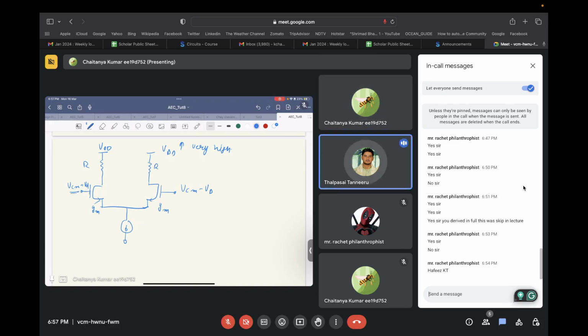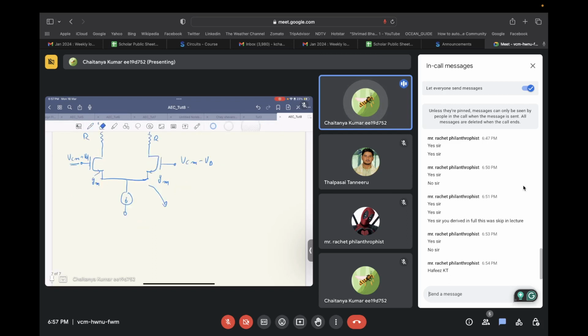Sir, based on that condition, VDS should be greater than VGS minus VT. Yeah, so basically you have two conditions, right? One, that the transistor can go into triode, the other, that the transistor can go into cutoff. For ease of analysis, I just take the differential half circuit, which will be nothing but a common source amplifier, right?